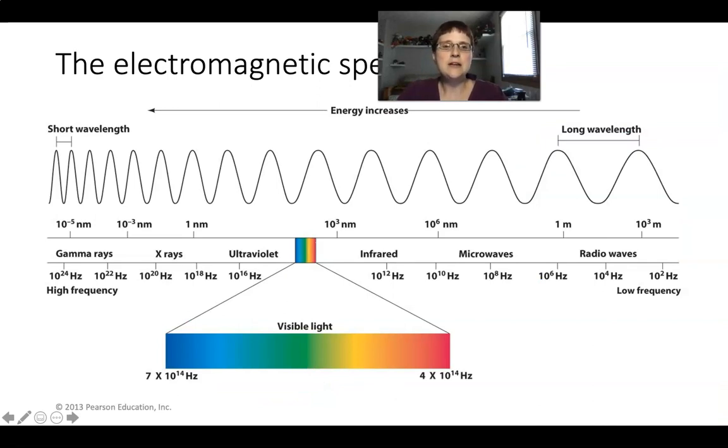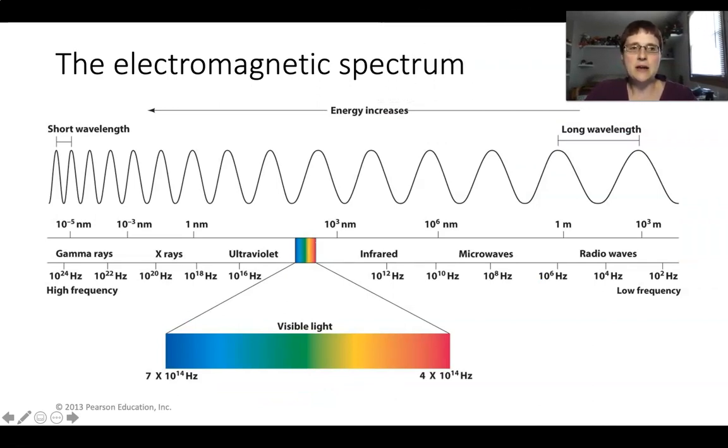So let's take a look at the electromagnetic spectrum. Like I said, it's a very tiny part, the visible part that we call light, of the electromagnetic spectrum. So we go all the way from short wavelength, high frequency gamma rays, all the way down to the other end with low frequency, long wavelength radio waves.